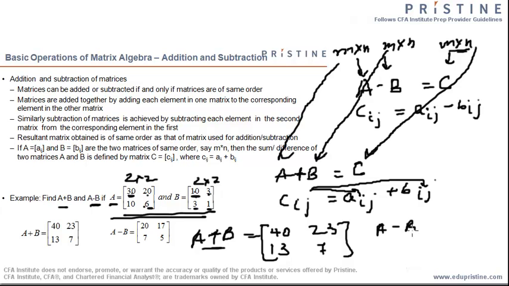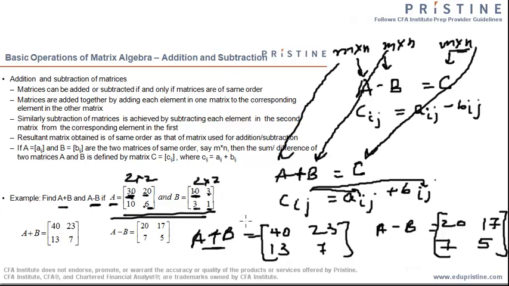A minus B is obtained similarly by subtracting corresponding entries of B from the corresponding entries of A. So 30 minus 10 gives us 20. This is the first row, first column entry for A minus B matrix. Then 20 minus 3 is 17, and 10 minus 3 is 7. 6 minus 1 is 5.